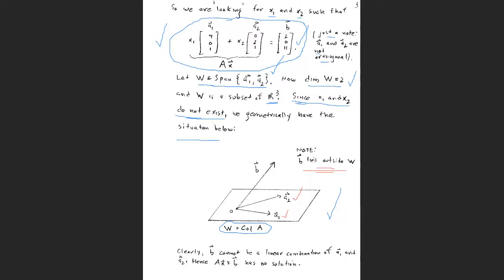In this subspace W, in that plane, is there a vector that lies closest to the vector b?